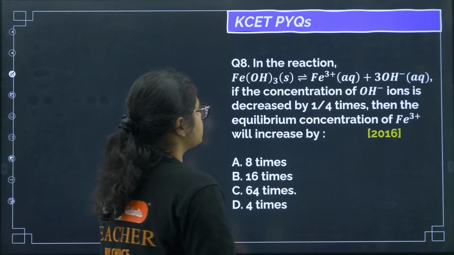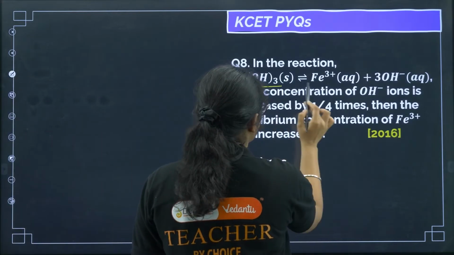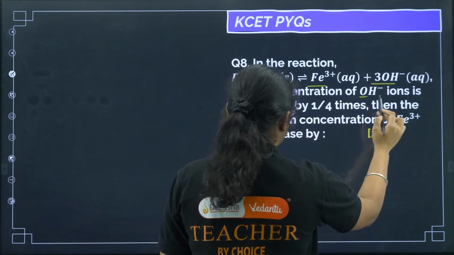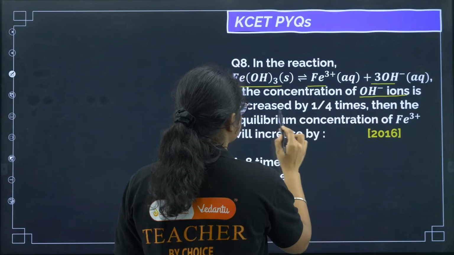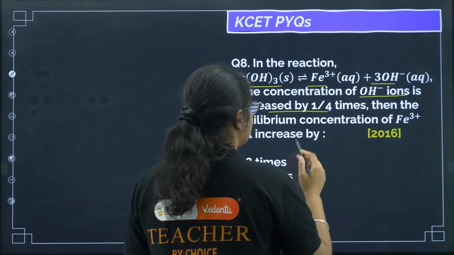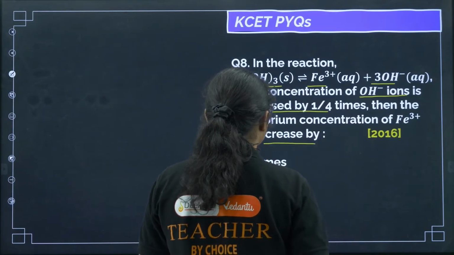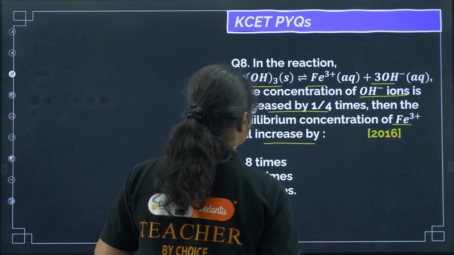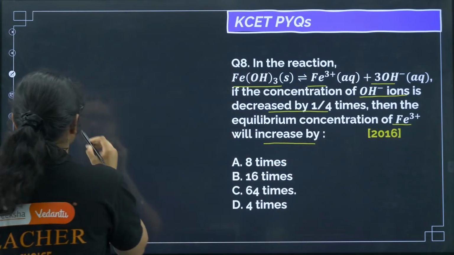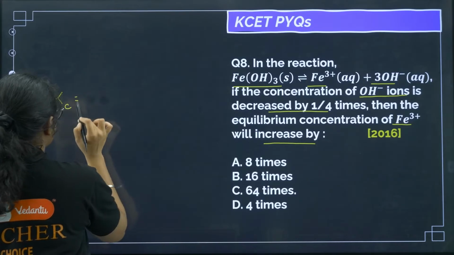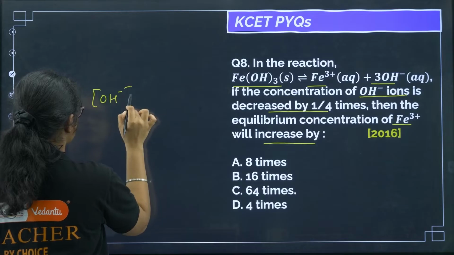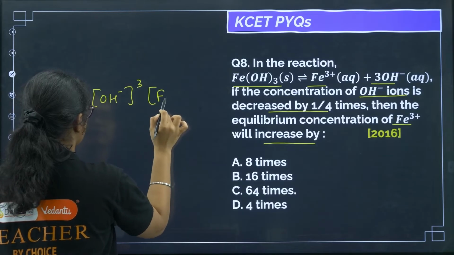Next question, in the reaction Fe(OH)3 giving Fe3+ plus 3 OH minus, if the concentration of OH minus is decreased by 1 by 4 times, then the equilibrium concentration of Fe3+ will increase by. Sorry, the equilibrium concentration of Fe3+ will increase by. If I write the Kc value for this one, that is OH minus cube and Fe3+.